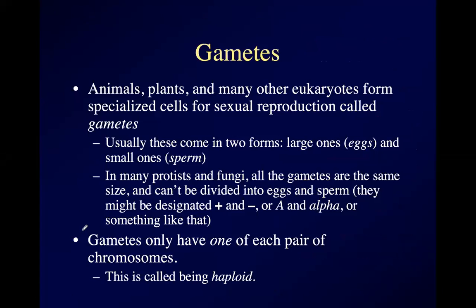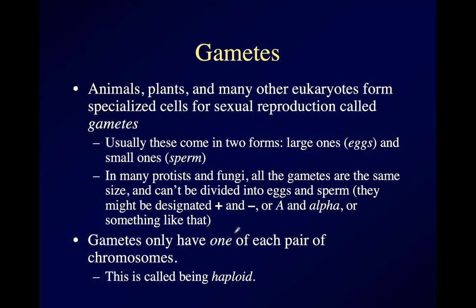But animals, plants, and many other eukaryotes form specialized cells for sexual reproduction, and those are called gametes. In many protists and fungi, all the gametes are the same size, and you can't tell them apart by looking. In some cases, we might call them plus and minus gametes, or A and alpha gametes, or various other things.